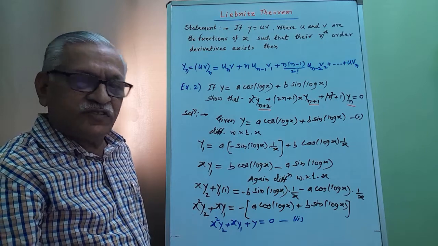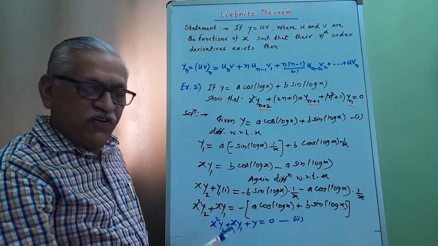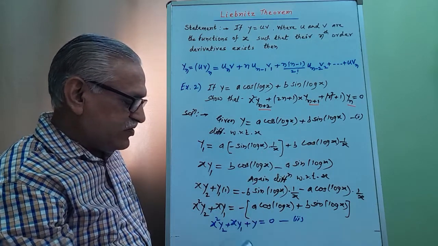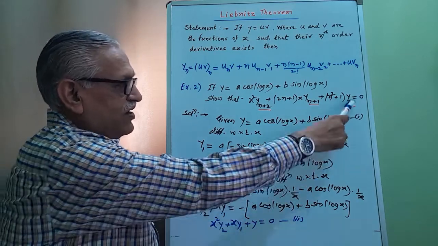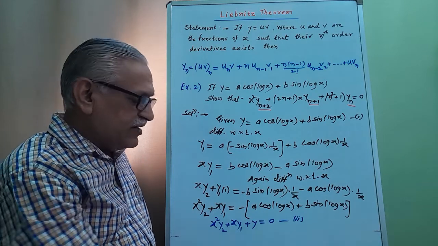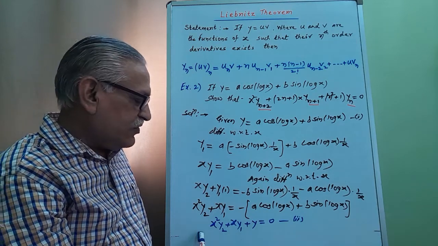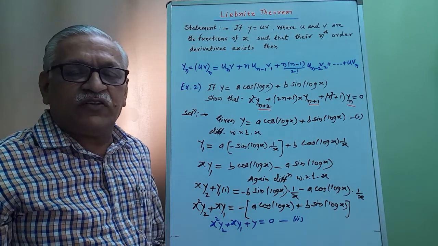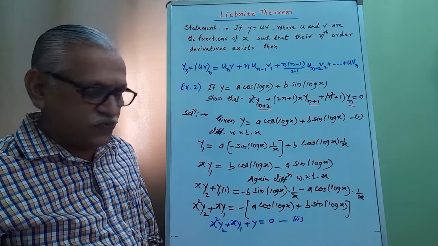Yn plus 2 is nothing but the nth order derivative of y2. Yn plus 1 means the nth order derivative of y1, and yn means nth order derivative of y. And therefore, to get those nth order derivatives, we try to differentiate this equation n times, or we try to find out the nth order derivative of equation 2.